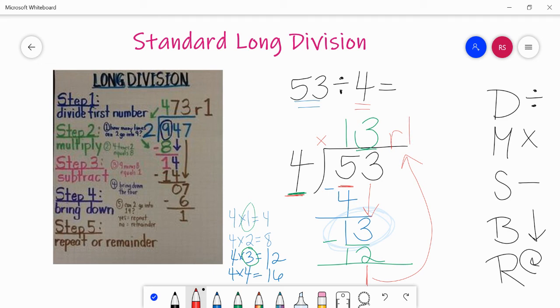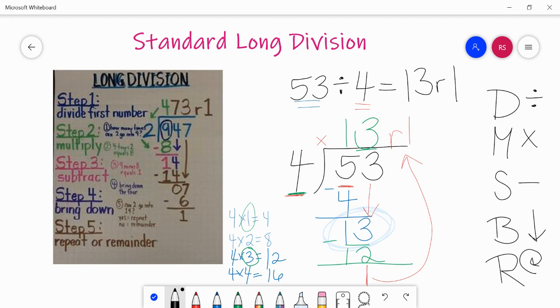So this means if I had 53 pieces of pizza, I would be able to create 13 groups of 4, and I would have 1 piece of pizza left over. 13 remainder 1 is my answer. We have 13 as our quotient. Our quotient tells us how many equal groups we were able to make, and our remainder tells us how much is left over.